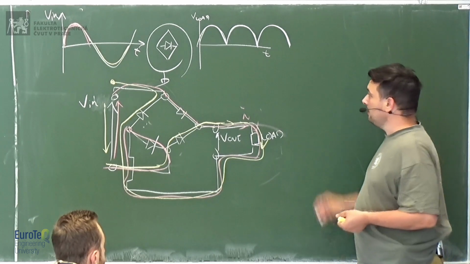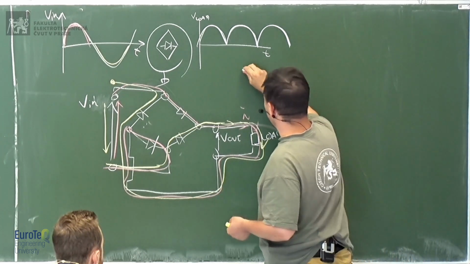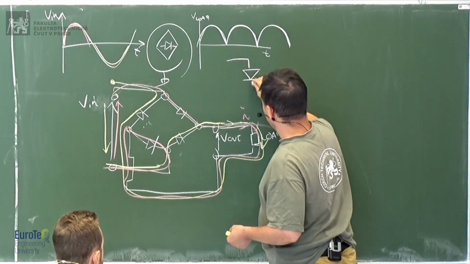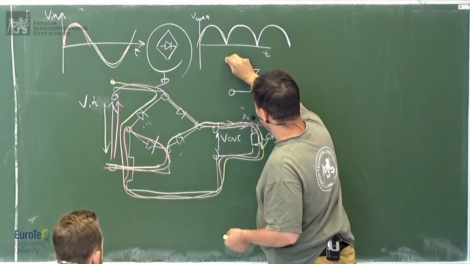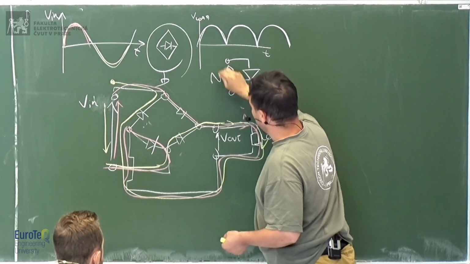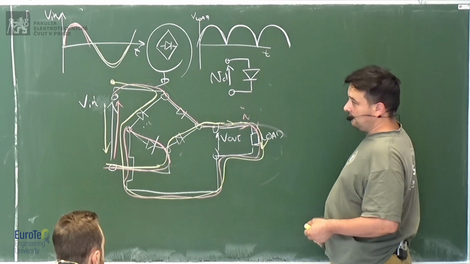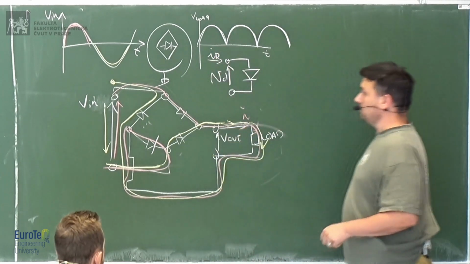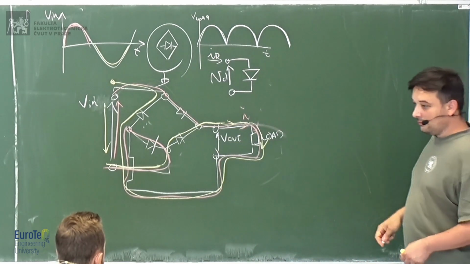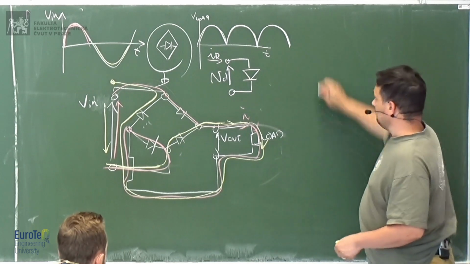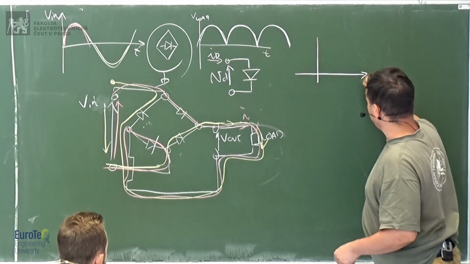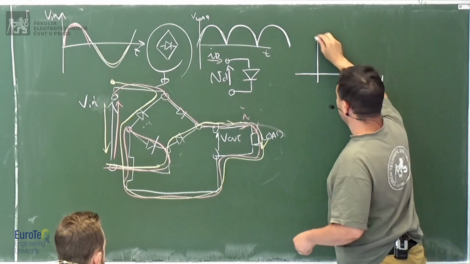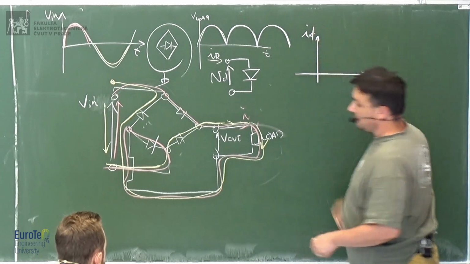Do you remember, if I give you a diode, and I tell you, this is the voltage that you apply to the diode, and this is the current that you get flowing through the diode. This is the voltage on the diode, and this is the current on the diode.